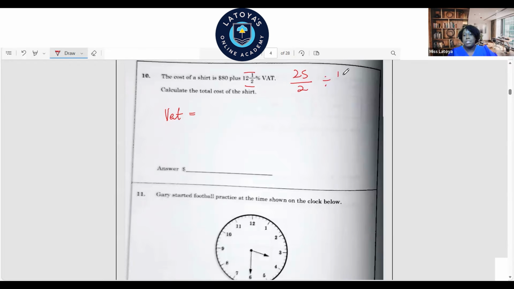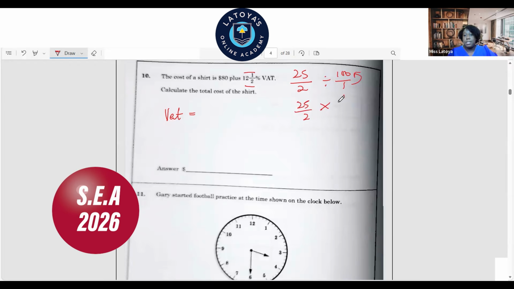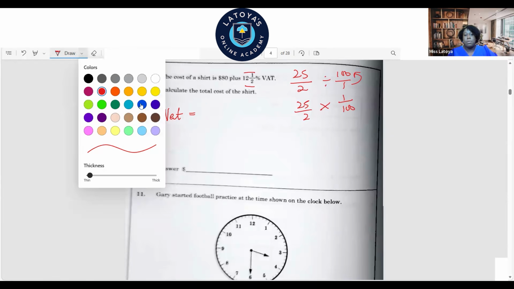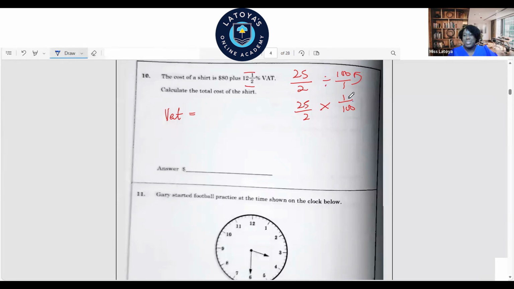And we're going to divide this by 100. What do we do when we are dividing fractions? Change the division sign to a multiplication sign and reciprocate the fraction. Now that we are multiplying, we're going to look for opportunities to reduce. 25 into 25 is 1. 25 into 100 is 4. 1 times 1 is 1. And 2 4s are 8. So we are getting 1/8, right?